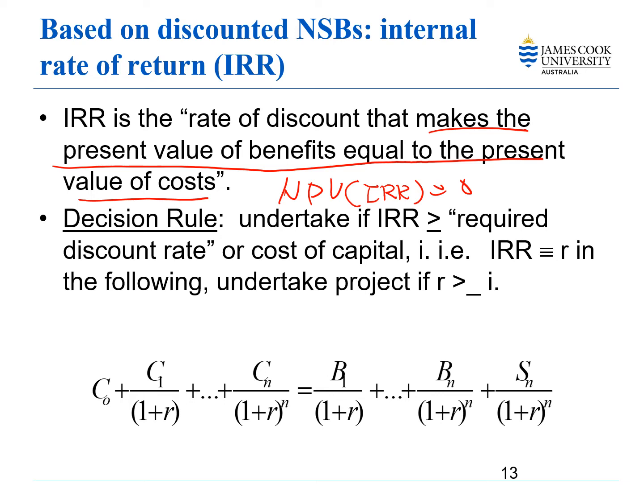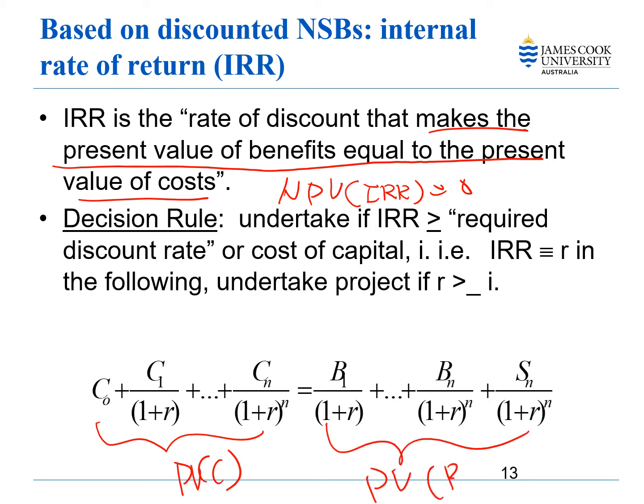So IRR is the discount rate that makes the present value of cost equal to the present value of benefit. And by the way, you want to recognize that this equation is a high order, up to n, polynomial function of R. Okay, and solving these equations is non-trivial.